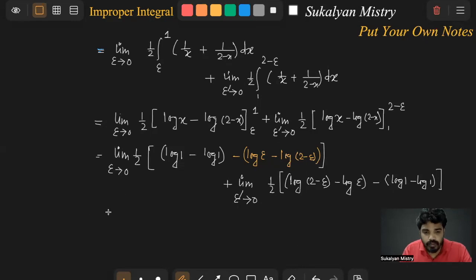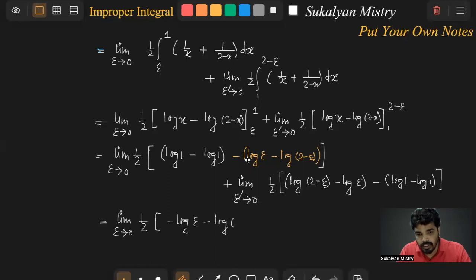So what do we get? Ultimately you get limit epsilon tends to 0, 1 by 2. Log 1 is 0, log 1 is 0, so ultimately this is 0. So minus log epsilon, plus log 2 minus epsilon, plus limit epsilon dash tends to 0, 1 by 2.